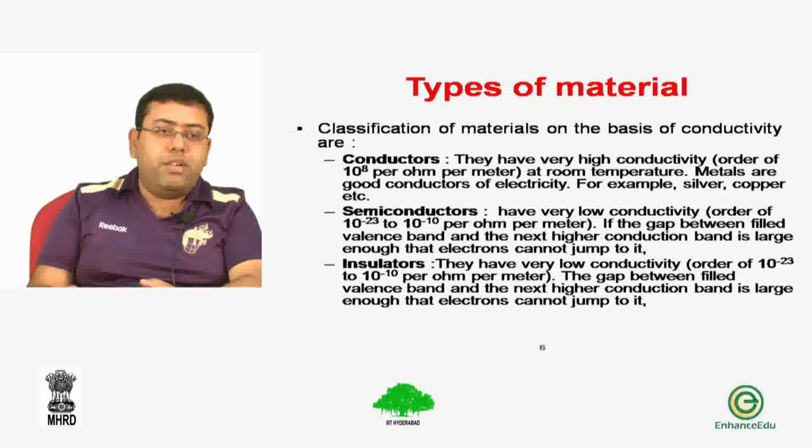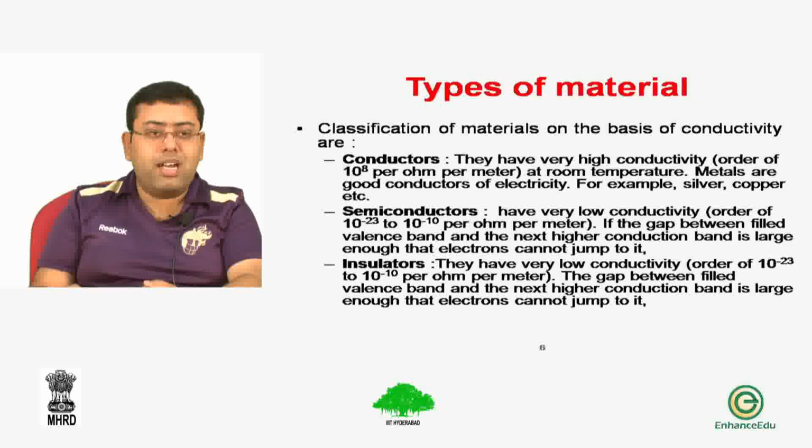Now the materials are classified into 3 kinds on the basis of their conductivity. Conductors are those materials in which free electrons are available either at room temperature or even at absolute zero. Metals are examples of good conductors. On the other hand, there are materials which have low conductivity at normal temperature, and at absolute zero there is zero conductivity.